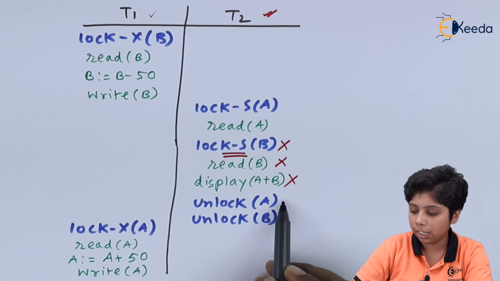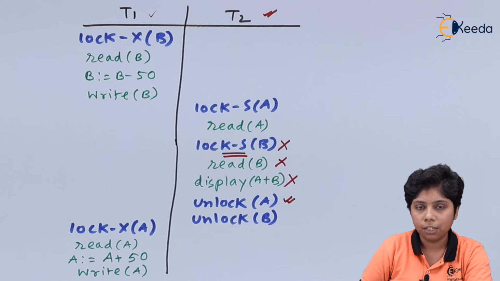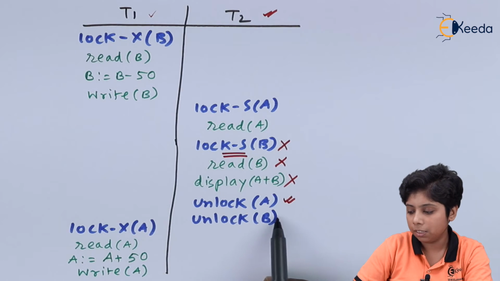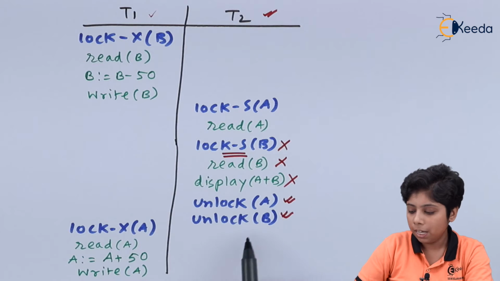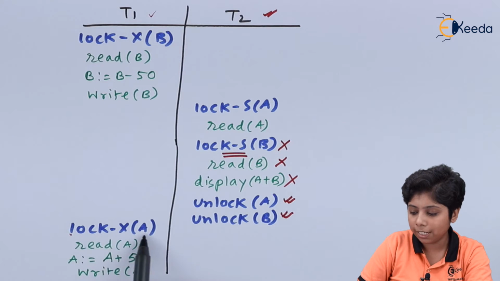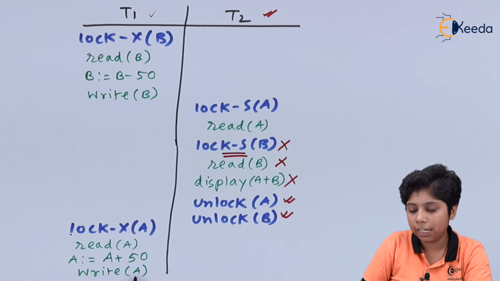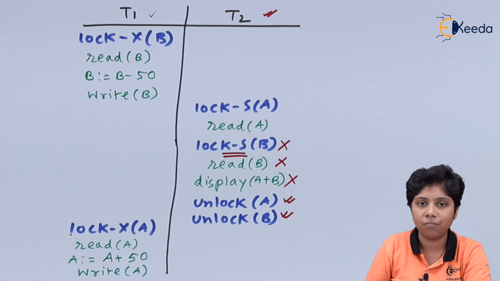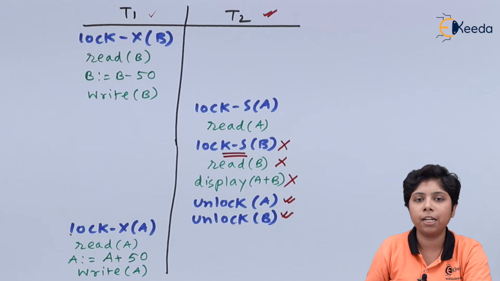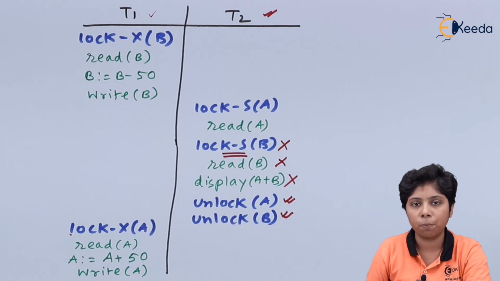Now we are unlocking A, that is possible, and now we are unlocking B, that is also possible. Now we are having the lock X on A, having the read on A, updating A, and then finally writing the updated value. After that, we can again put unlock A and unlock B for this T1.